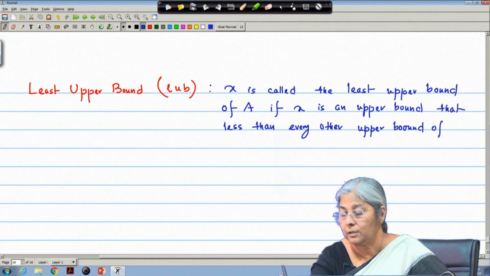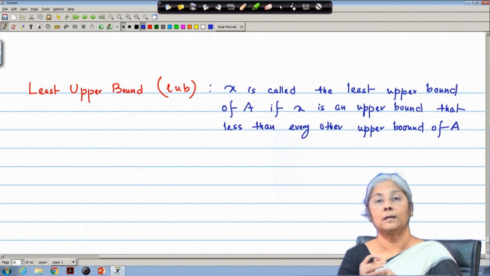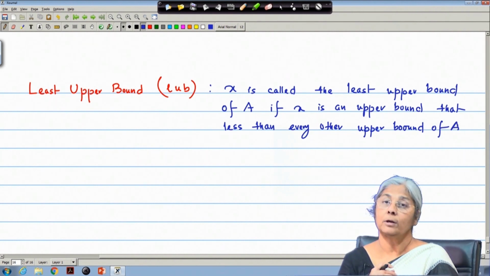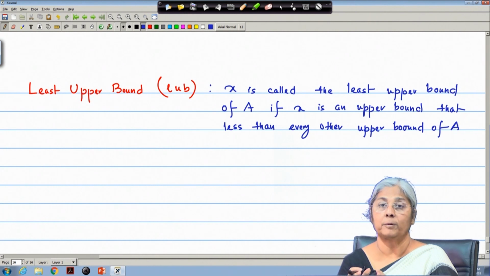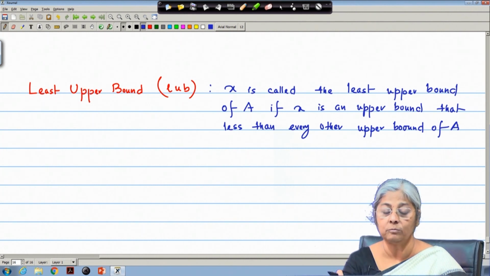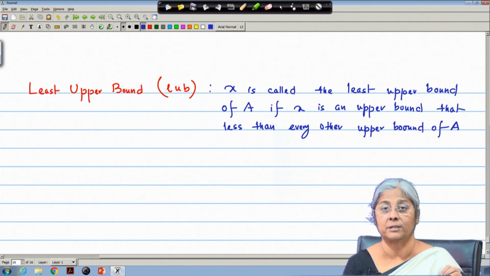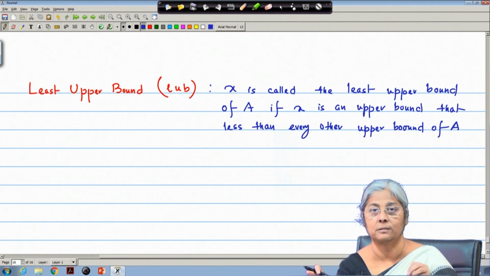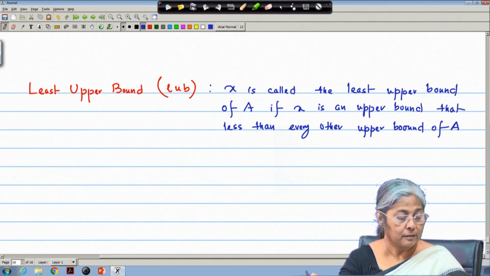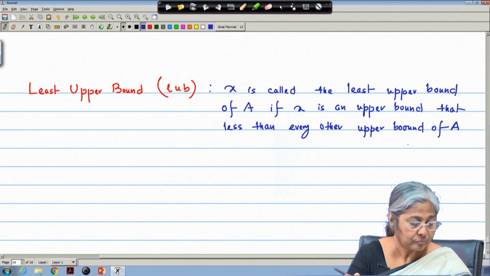Of A. Since just now we have seen that there can be more than one element in the upper bound, now we are finding the least element with respect to that poset, that S less than, then that can be defined as the least upper bound.